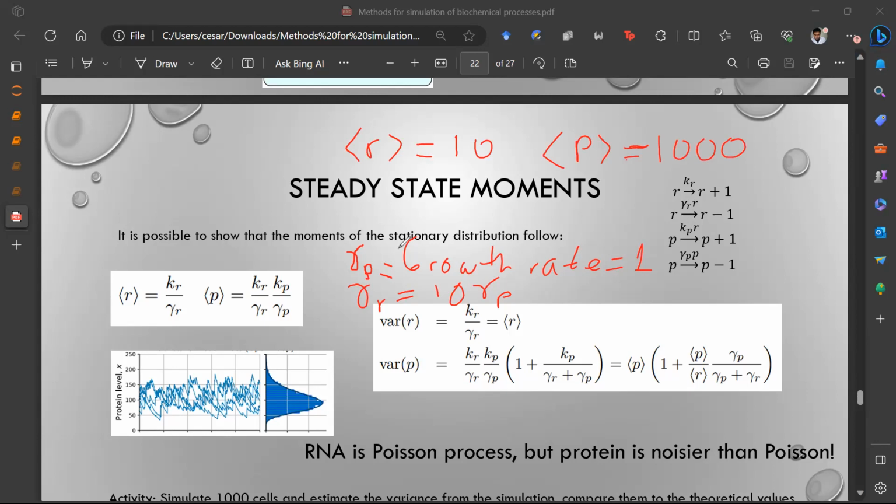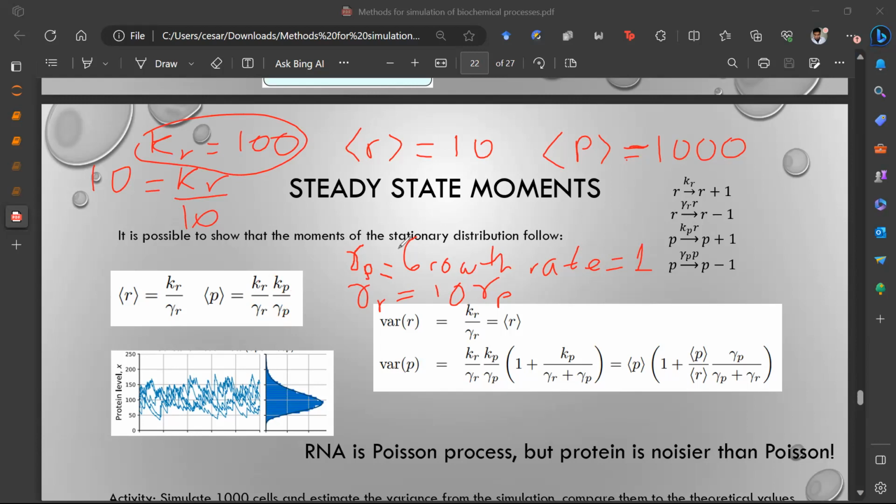So with this idea, we can estimate KR. If the expected value of R is 10 and gamma R is 10 as well, it means that KR is approximately, sorry, 100. So we have only KP left, which we can solve from this.